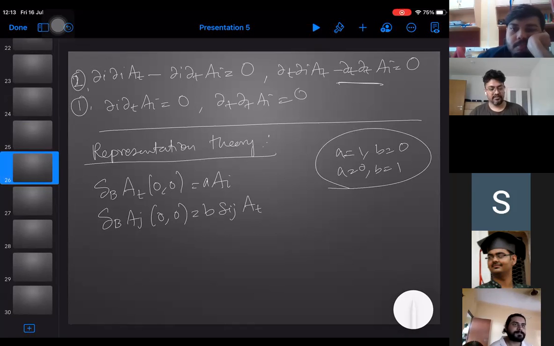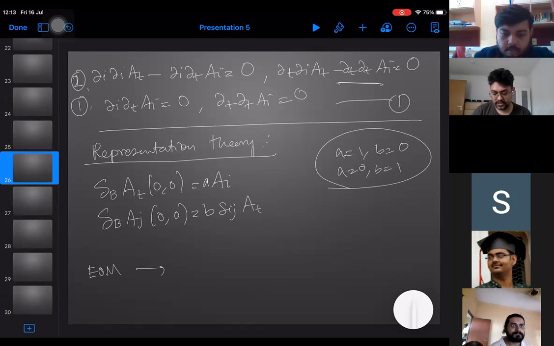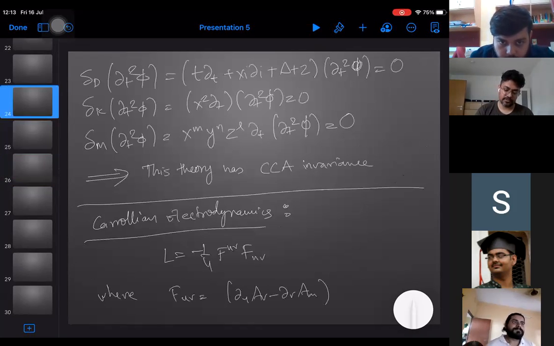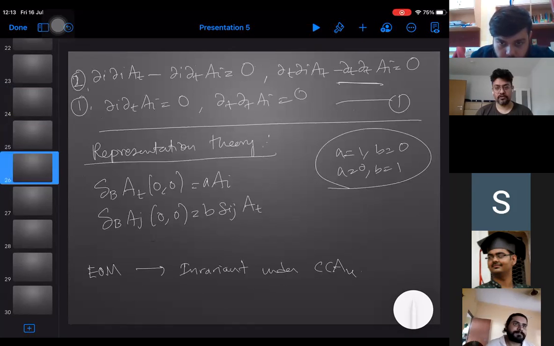In the end, if you get the transformation and try to find the invariance of these equations of motion which I have mentioned there, you can see that these equations come out to be invariant under CCA_4. This theory is basically in 4 dimensions, because to start with, this theory was in 4 dimensions. So this is an example of a higher dimensional theory which has Carrollian conformal algebra.